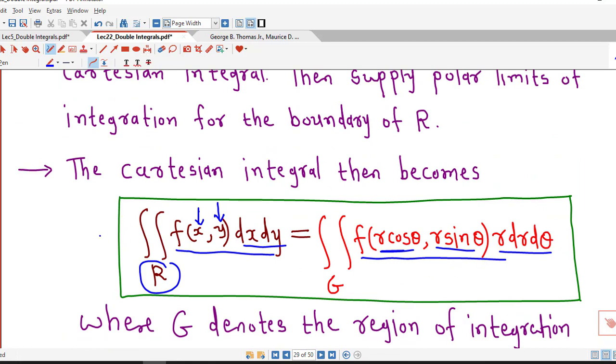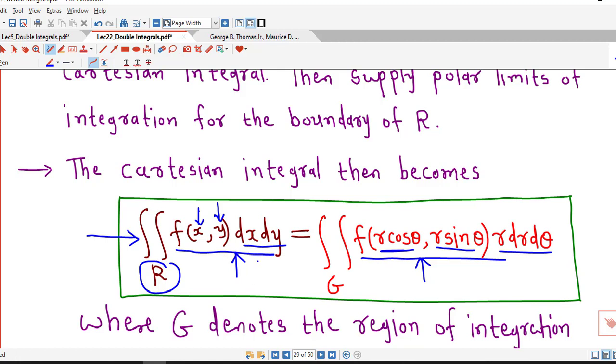In some examples, it is not easy to evaluate our double integral in Cartesian coordinates. But if we transform to polar coordinates, then the double integral might be easier. So this is helpful if it is difficult to integrate with respect to Cartesian coordinates.